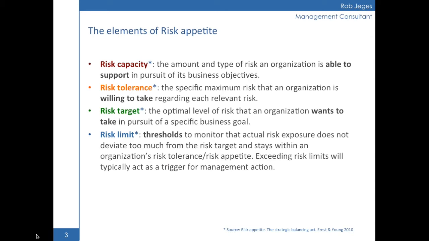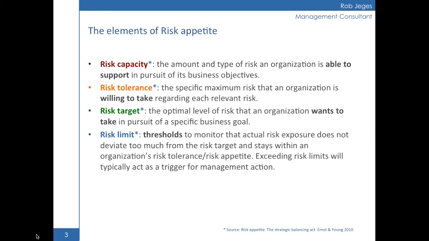So we're going to start looking at some of the elements of risk appetite. The source of this is a document that was produced by Ernst & Young back in 2010 called the Risk Appetite Strategic Balancing Act, and it is one of the best collections of definitions that I've come across. So it talks about risk capacity, which is the amount and type of risk that the organization is able to support.